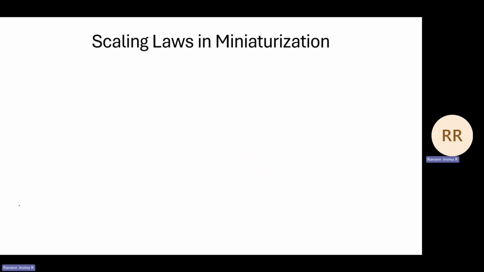That's why we will be discussing the topic of scaling laws in miniaturization, where we will see some of the effects of miniaturization for certain scale sizes. We have something called scaling theory. Scaling theory will tell us what will work when we go to a different scale size and what will not work.